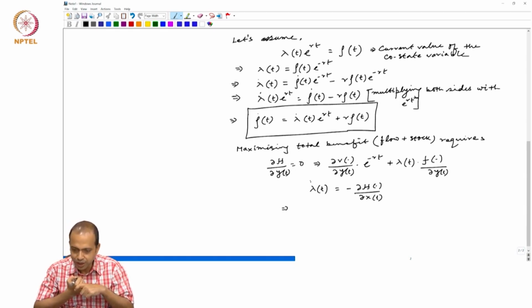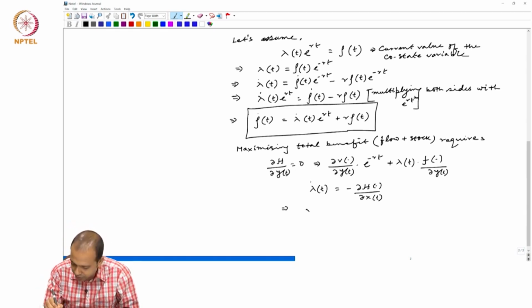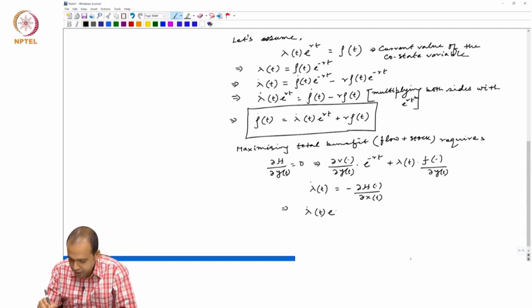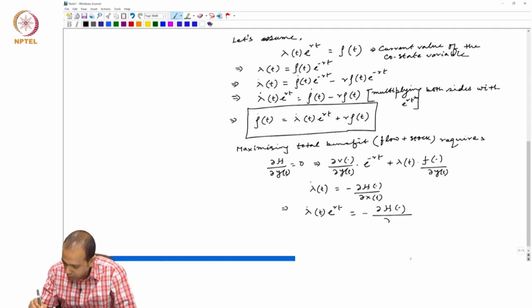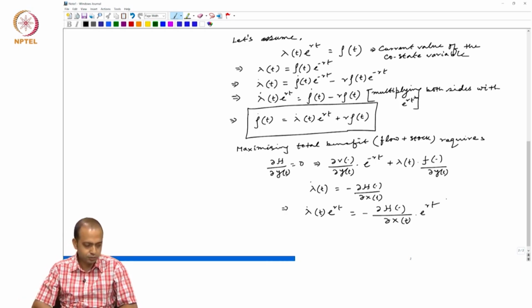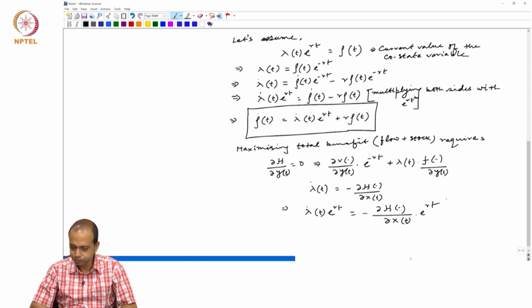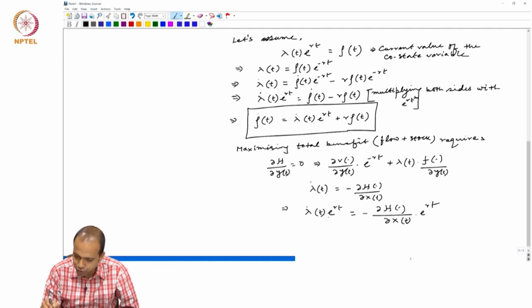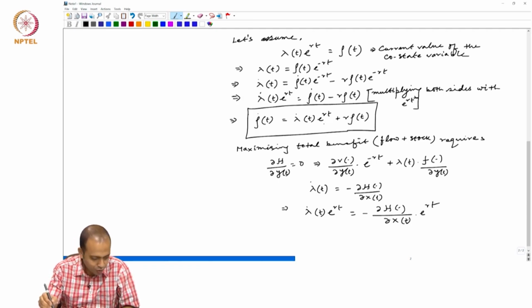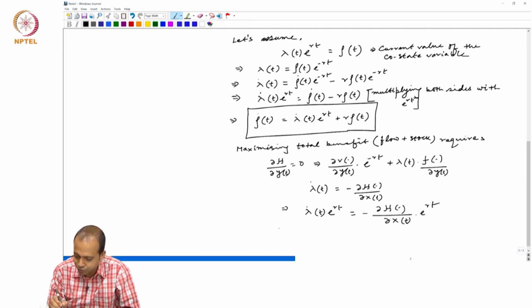So, this we got earlier, and then multiplying this with e to the power RT will give you minus delta H del xt into e to the power RT. And this lambda dot t into e to the power RT is nothing but, from here what we can get, rho dot t minus r into rho t.